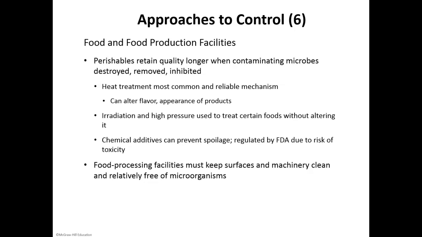Typically, heat is the most common method, but we do also use irradiation, which is a form of ionizing radiation that kills spoilage microbes and can kill potential pathogens. We use chemical additives which slow or stop the growth of microbes. And we also, of course, use refrigeration and freezing, lyophilization, to help in controlling growth.